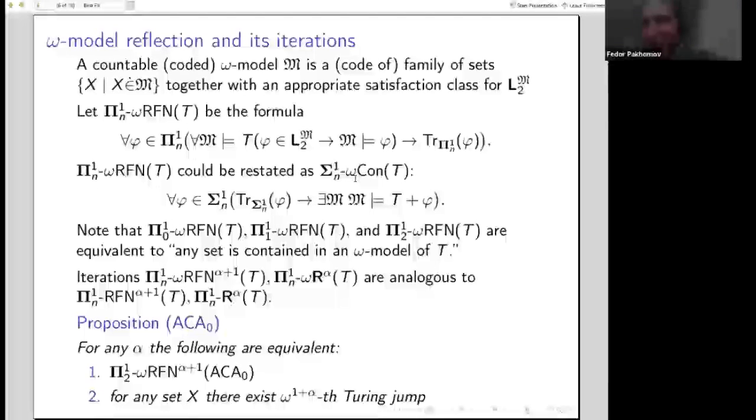It's equivalent to all the omega model reflections that might seem weaker, something like Π10 omega model reflection or Π11 omega model reflection. But in fact, it's all equivalent to just the sentence that any set is contained in an omega model of theory T. So basically, the omega models of T are cofinal in the universe of sets. And this already gives you Π12 reflection.